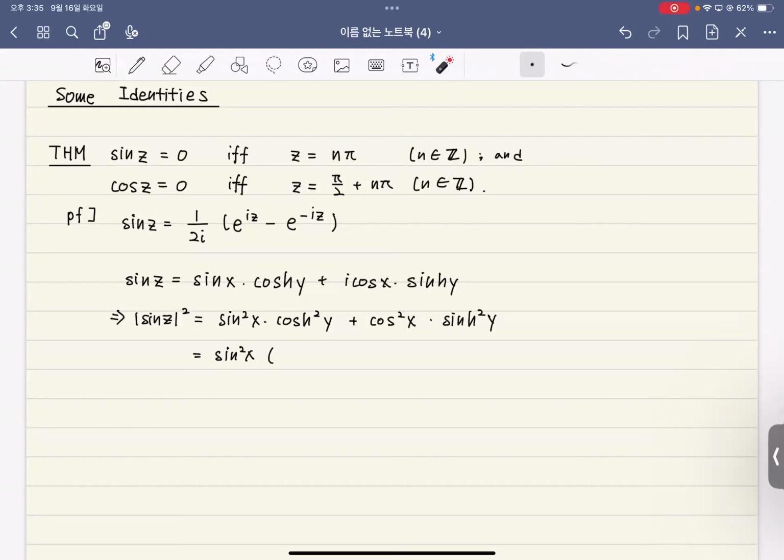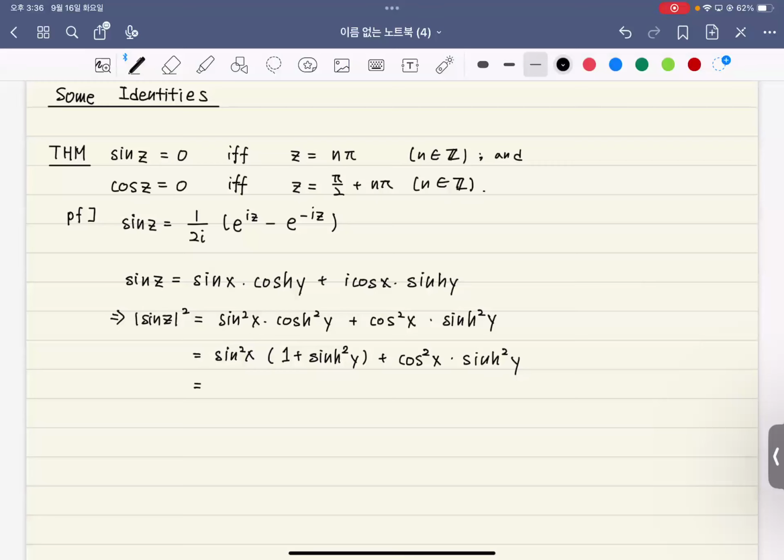And for hyperbolic functions, hyperbolic cosine squared minus hyperbolic sine squared always equals 1. That was not the definition, but one of the most important properties of the hyperbolic functions. So now I want to replace hyperbolic cosine squared with 1 plus hyperbolic sine squared.